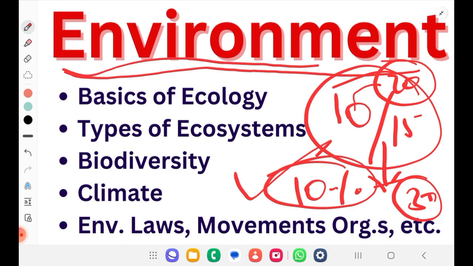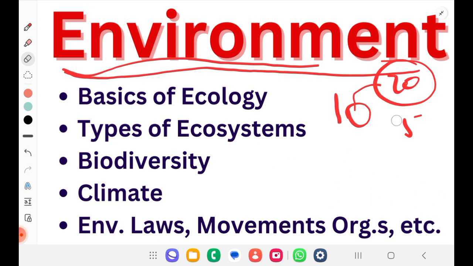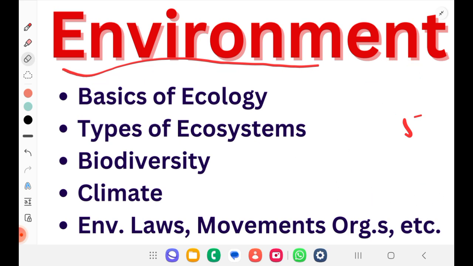Similarly, for mains, at the minimum you can score at least around 30 marks, and up to 100 marks in mains. If you get very few questions for unfortunate reasons, you will be able to score around 30 marks.